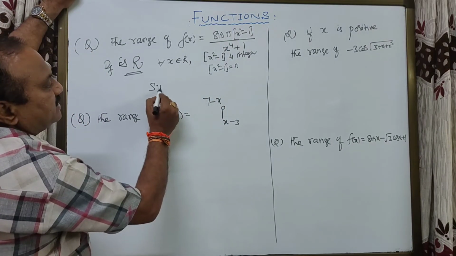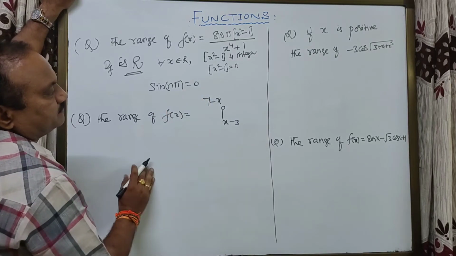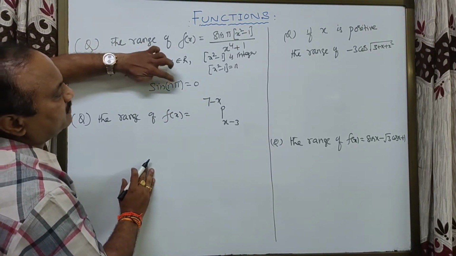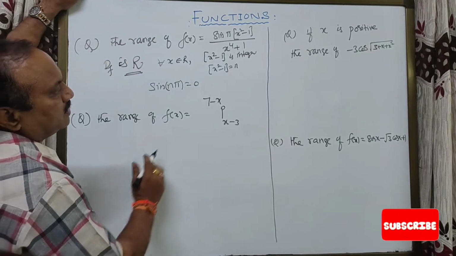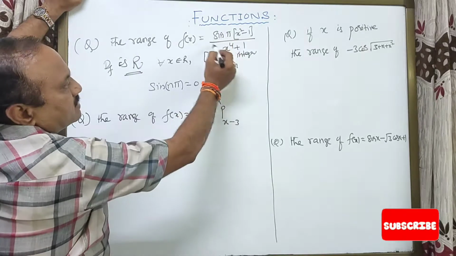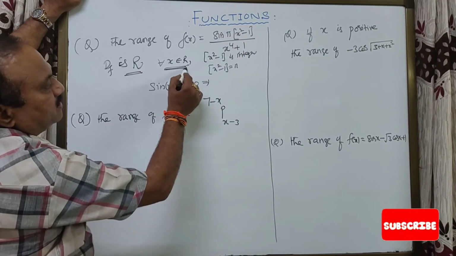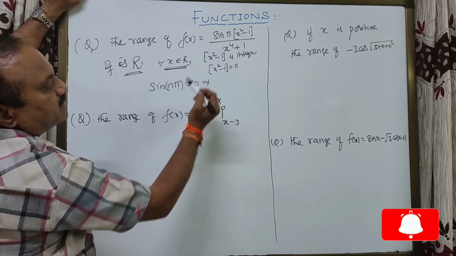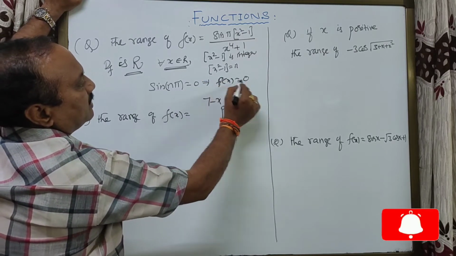When n is an integer, sin n pi is always 0. That means sin pi is 0, sin 2 pi is 0, sin 3 pi is 0. Here it is always 0 for all x belongs to R, because x square minus 1 is an integer. So f of x is equal to 0 for all x.